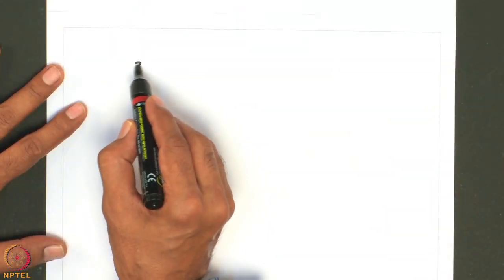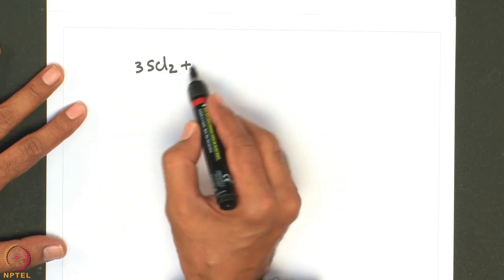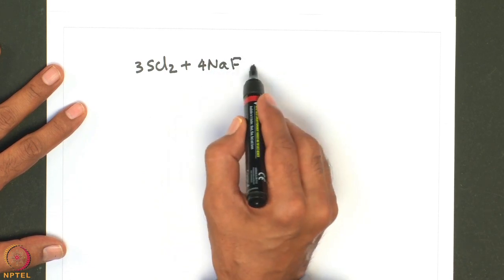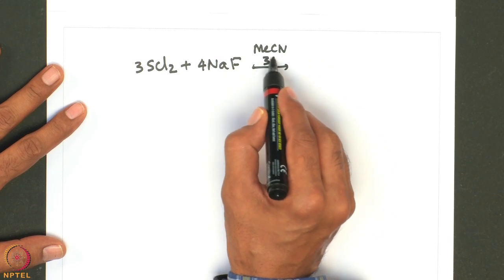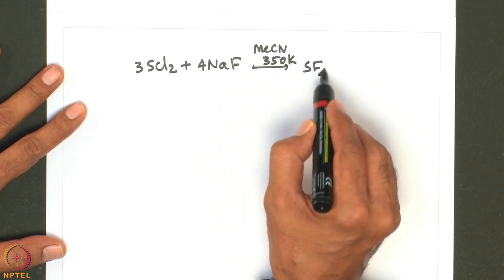The fluorides of sulfur such as SF4, S2F2 can be prepared from the reaction of SCl2 and HgF2 at elevated temperature. For example, sulfur chloride, when it is treated with fluorinating agents such as sodium fluoride in acetonitrile at 350 Kelvin gives SF4.